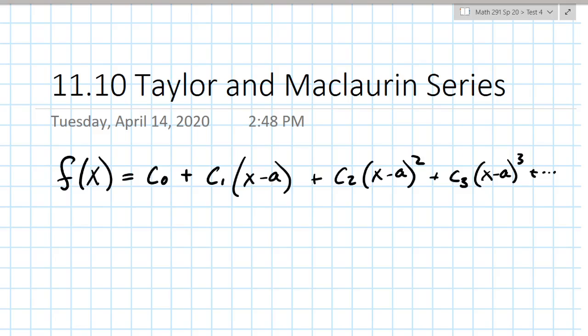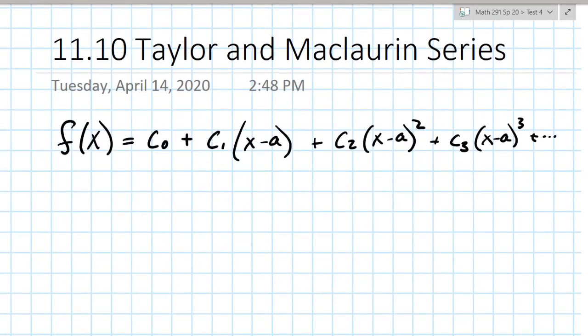and we want to try to find the c0, c1, c2 coefficients for this power series. So if we were to take the derivative and differentiate term by term, actually let me start before that.